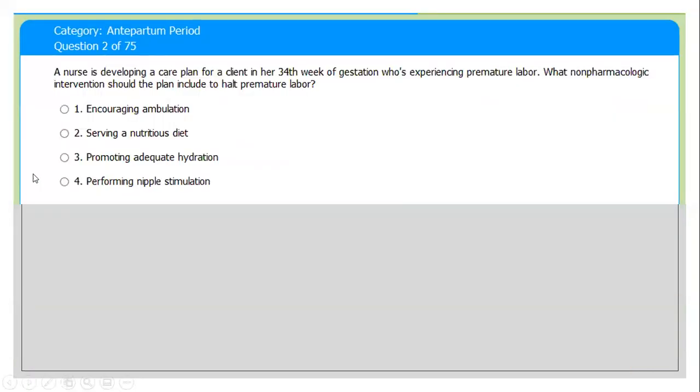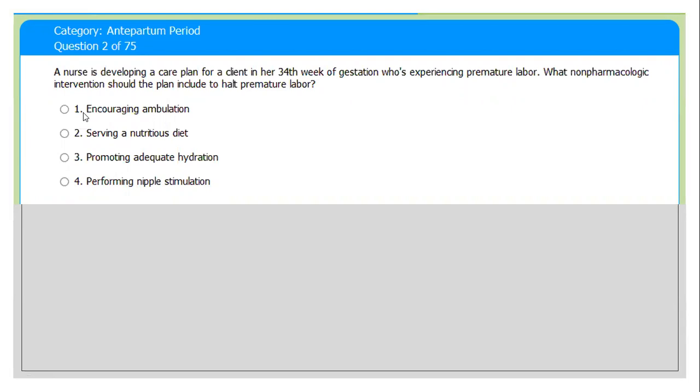Next question. Here, a nurse is developing a care plan for a client at 34 weeks of gestation who is experiencing premature labor. Which non-pharmacological intervention should the nurse plan to include for premature labor?